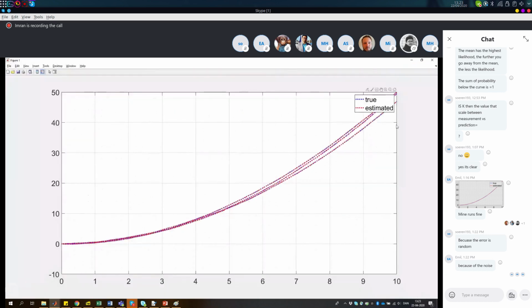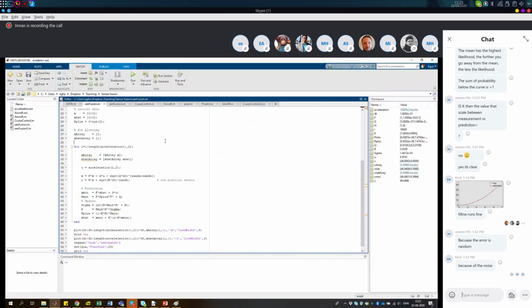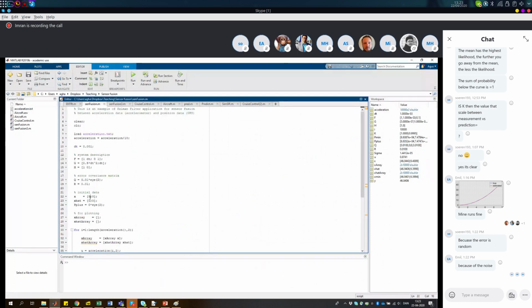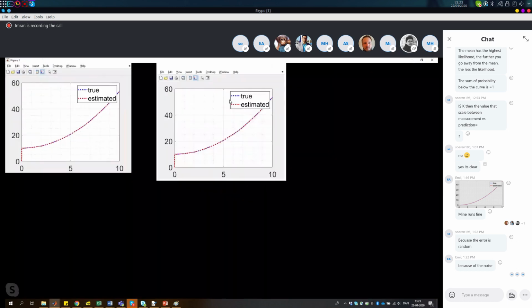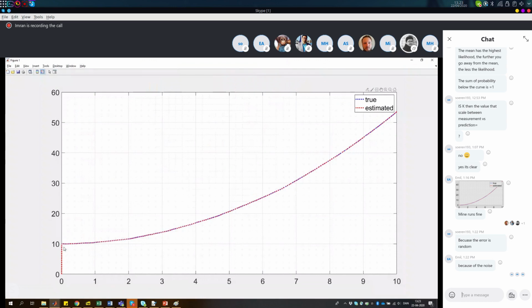You can see, and then you can try to experiment using a different initial condition. Let's say this is 10. What happened is that the Kalman filter converges quite fast.